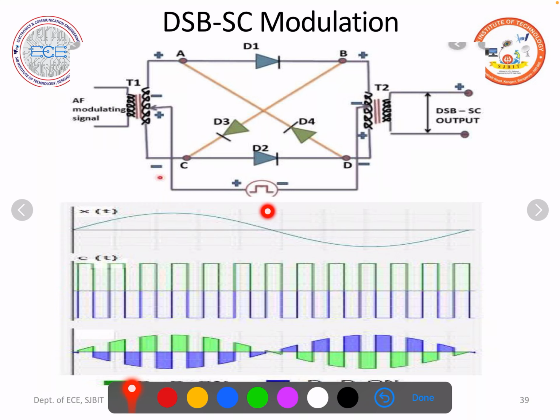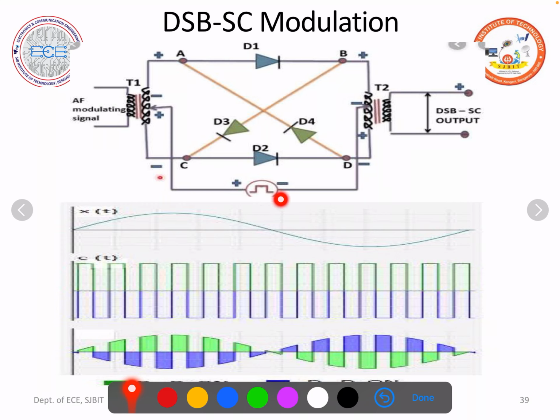It is assumed to be a square wave with a certain frequency Fc. If you observe the diagram, the carrier wave is connected between the center taps of the 2 transformers. The output is obtained at the secondary of the transformer T2. The DSBSC output is obtained here.